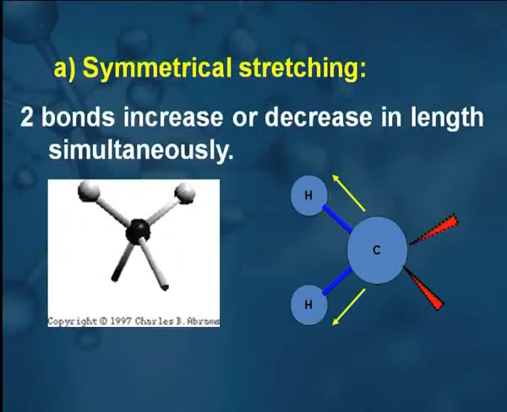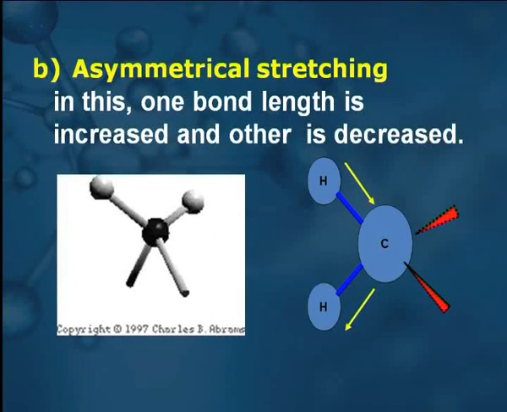Where the two bonds increase or decrease in length simultaneously. That is the symmetric stretching. But in asymmetric stretching, one bond length increases and the other decreases. That is the asymmetric stretching.